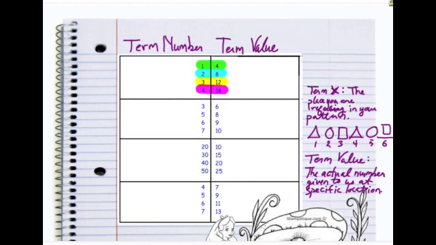And the reason those are important is because I need to figure out what operation will take me from the term number to the term value in each pair consistently. So in order to get from 1 to 4, there's a process that I need to do, and that process is called the rule. The rule will be the same for every pair of numbers in this particular pattern set.